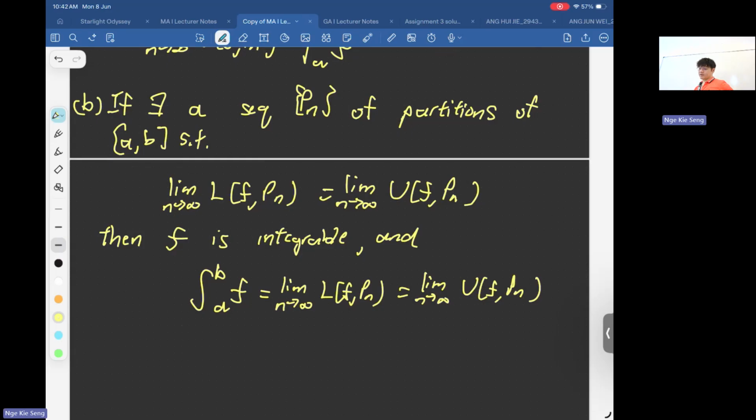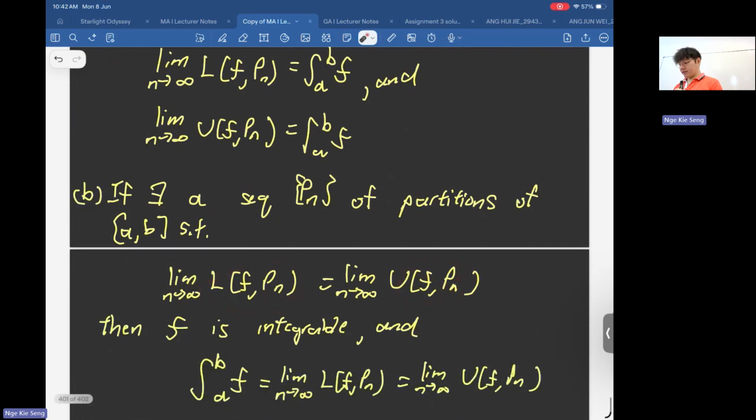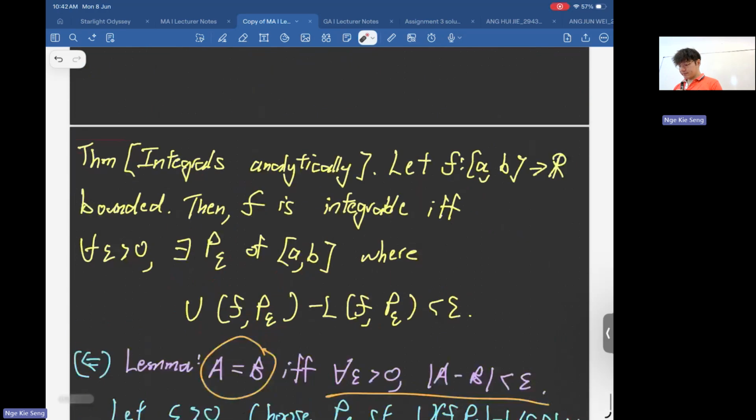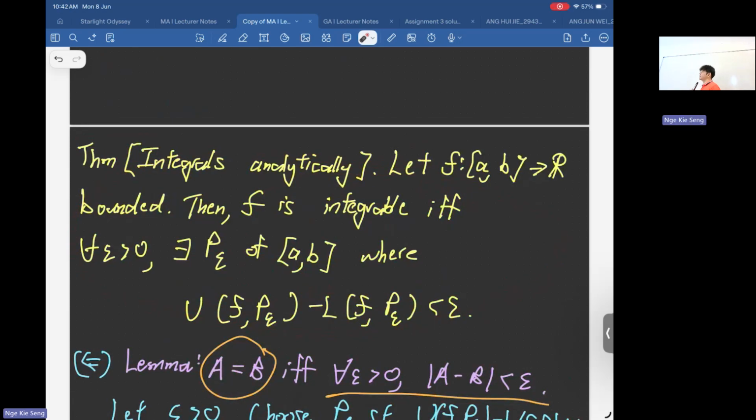So assume that you have this sequence already, and you also know that these two limits coincide. We want to show that f is integrable, meaning what? We need to show that L(f) equals U(f). So what should we do here? Here we are dealing with L(f,P_n) and U(f,P_n). Just now at the start of the class, we related these to U(f) and L(f) by using this theorem.